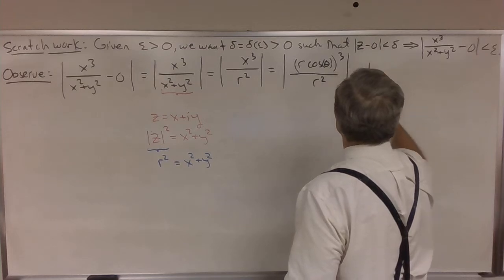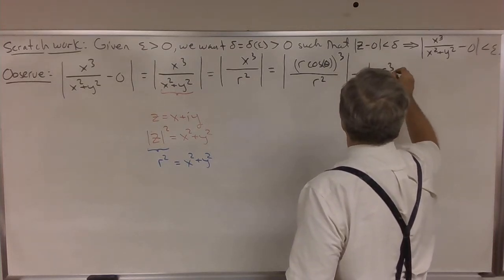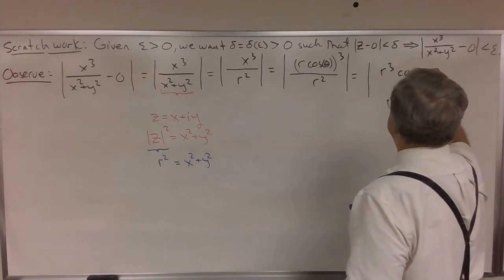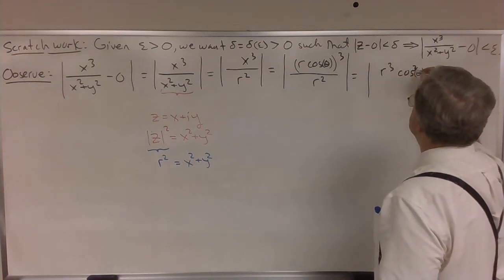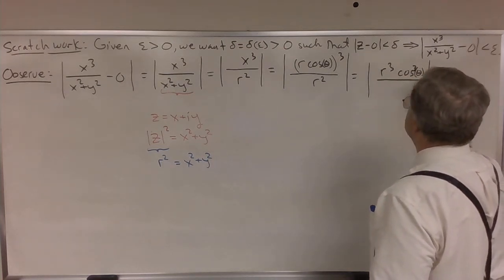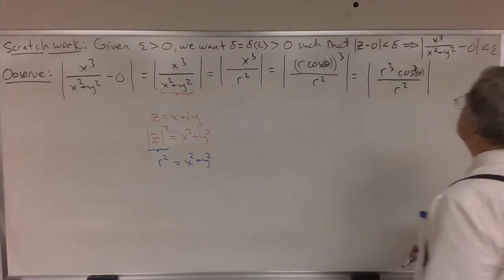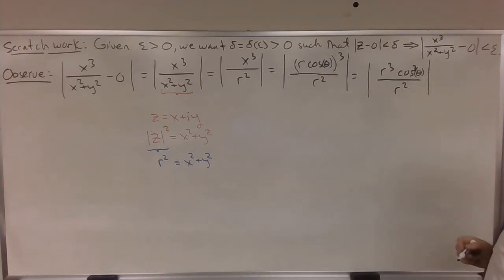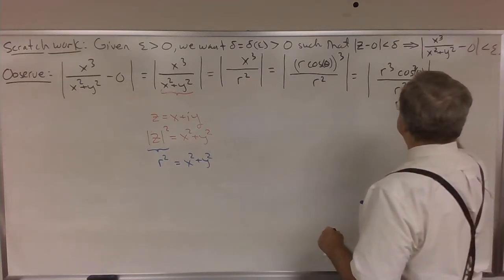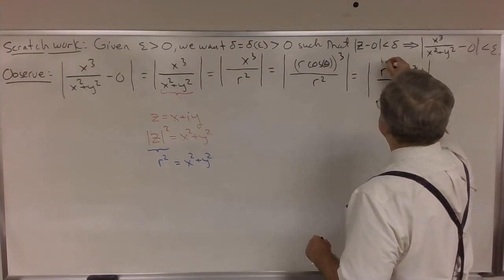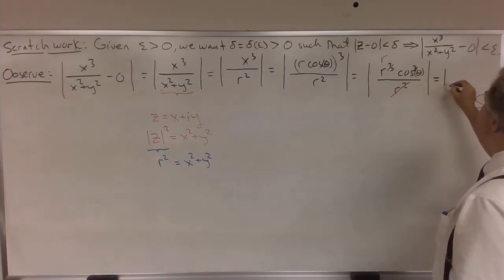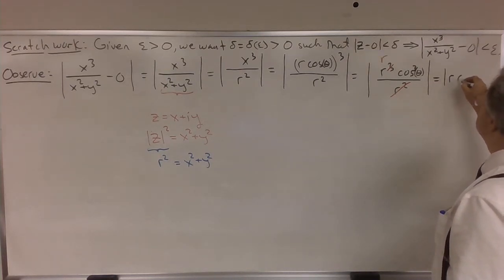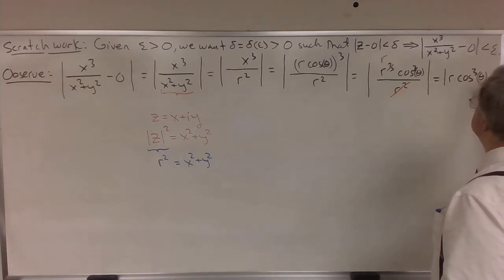And that's equal to r cubed cosine theta cubed, and son of a gun, I can cancel r squared from top and bottom. So that gives me the modulus of r cosine cubed theta.